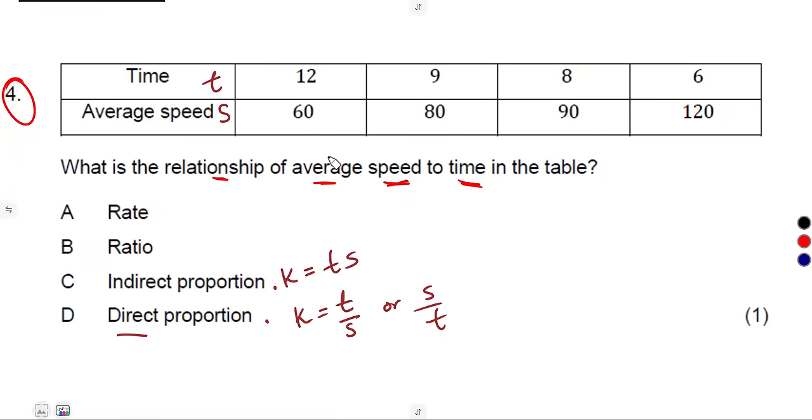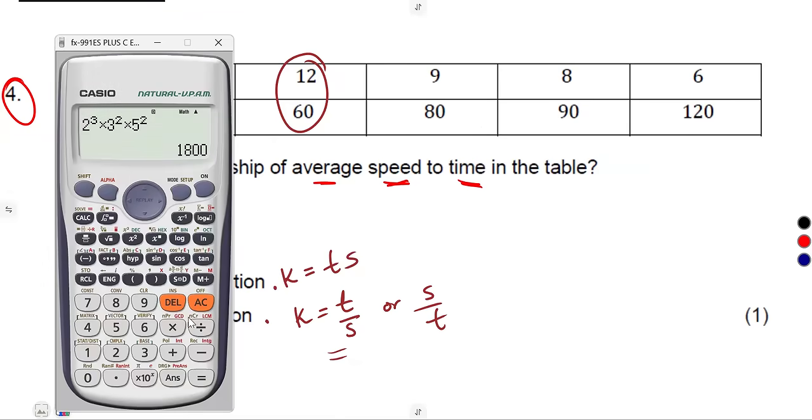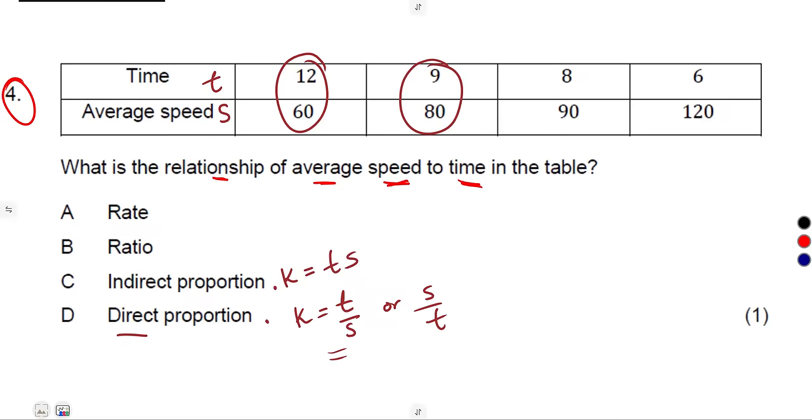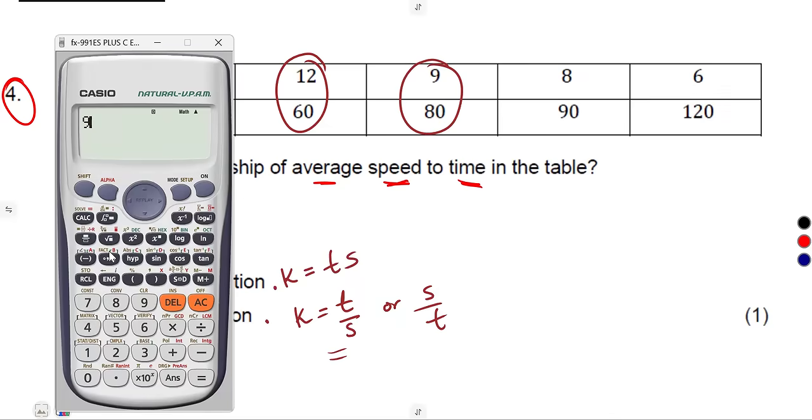If we divide here, let's test the last section: 12 over 60 or 60 over 12. 12 over 60 is 1 over 5. Then let's do it here, 9 over 80. As we can see, it is not 1 over 5.